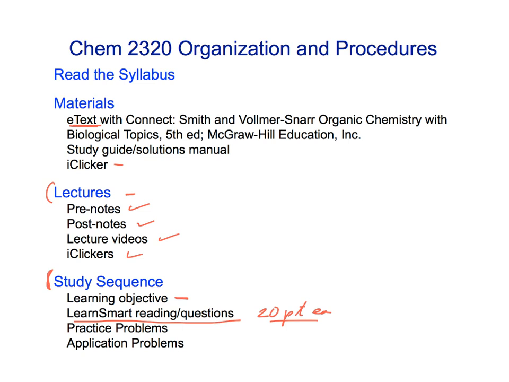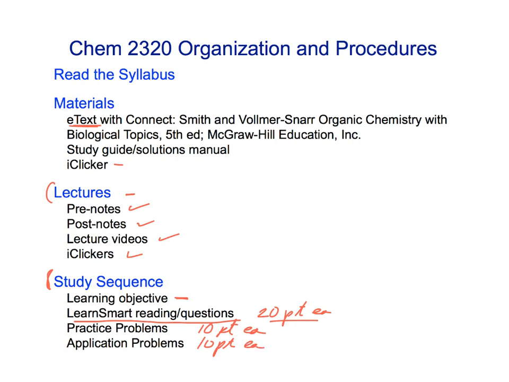These are worth 10 points each. And then we have what I'm calling application problems, which are more involved problems where you might have to draw structures, draw arrows for mechanisms, all of these kinds of things. Likewise, those are 10 points each.